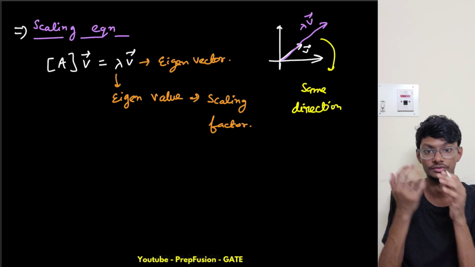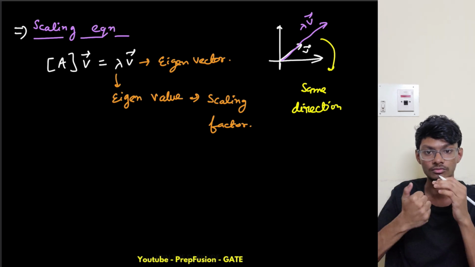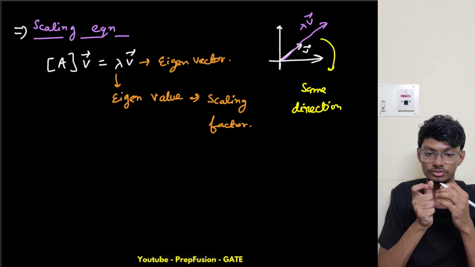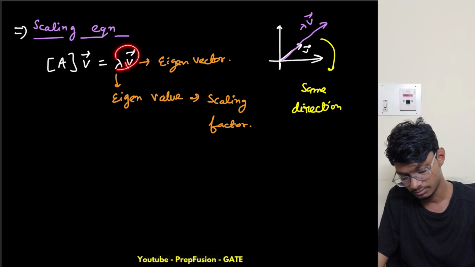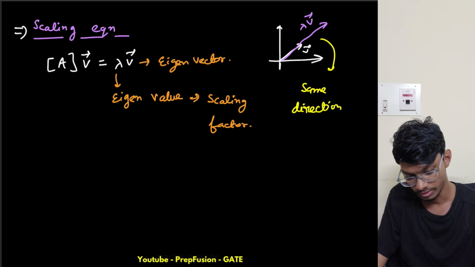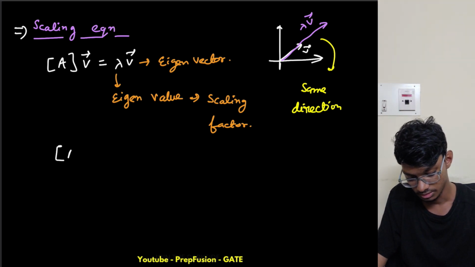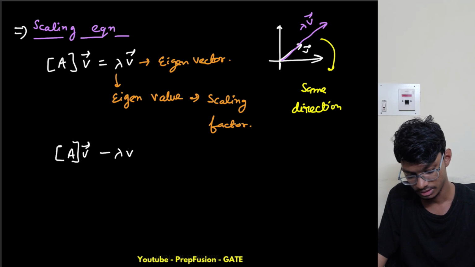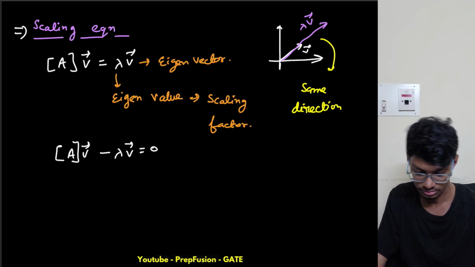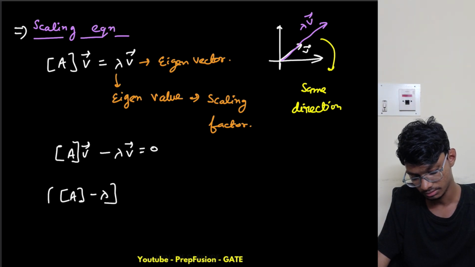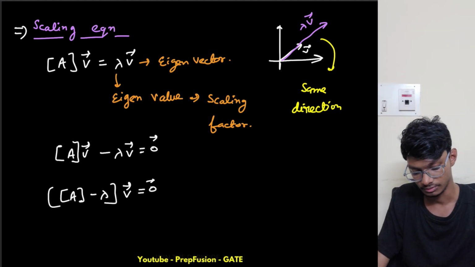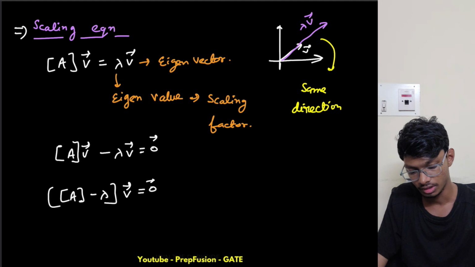Now how do I find this eigenvalue? I hope you remember. We used to vary this lambda, and for that particular lambda I used to find the value that satisfies the equation. I took this term to this side, so my equation becomes A v minus lambda v equals 0.